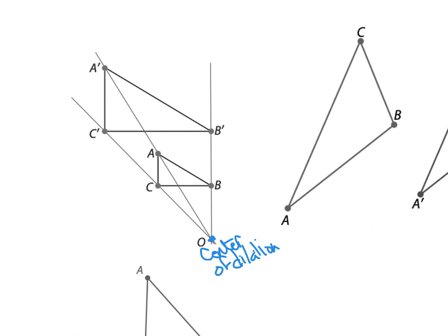But the thing you do first is you measure from the center of dilation to C. And let's say that is 1 inch. And then you'd measure from the center of dilation to C prime. Let's say that's 2. So the scale factor is 2, 2 to 1.